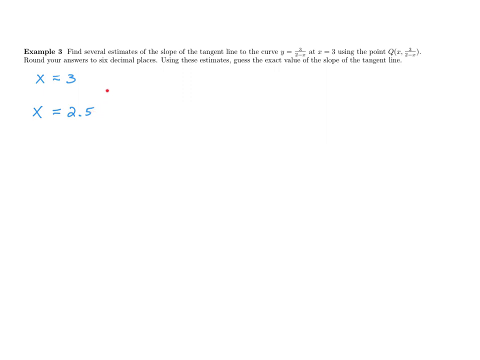2.5 is relatively close to 3, and this will give us 2 separate points that we can put into the formula for slope. The formula for slope is m equals y2 minus y1 all over x2 minus x1. So we need the corresponding y values. For 3, the corresponding y value is 3 over 2 minus 3, which is 3 over negative 1, which is negative 3.